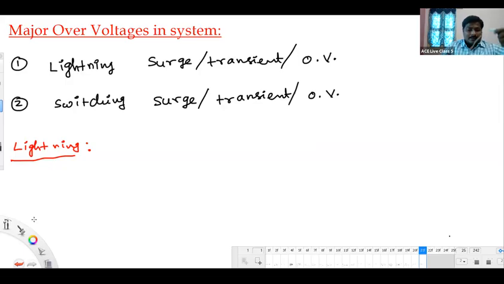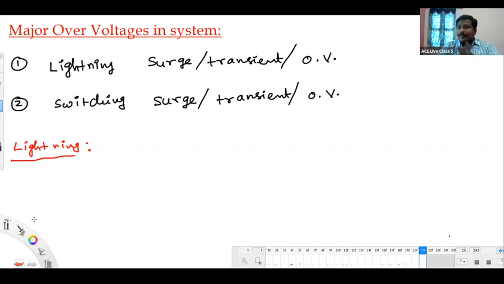According to weather conditions, the charges accumulated or stored in the cloud might be discharged into another cloud beside it, which we can call cloud to cloud discharge. Next, the charges stored in the cloud might be discharged to the ground, which we can call cloud to ground discharge.